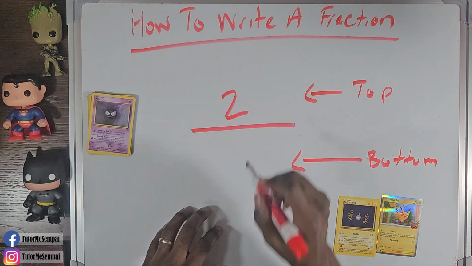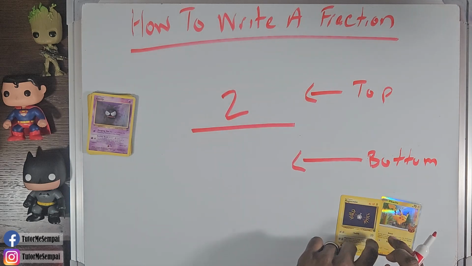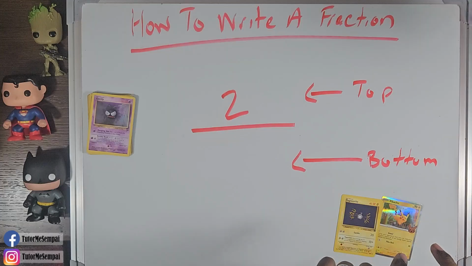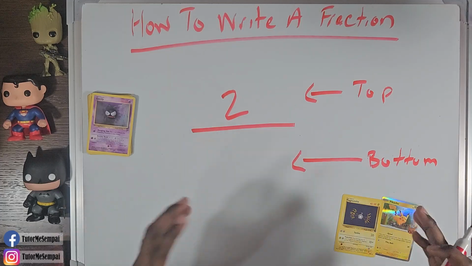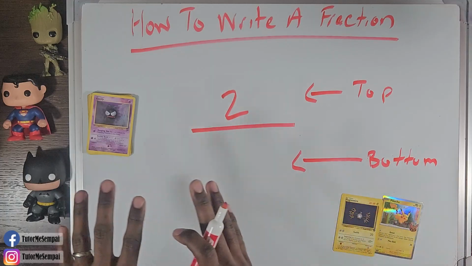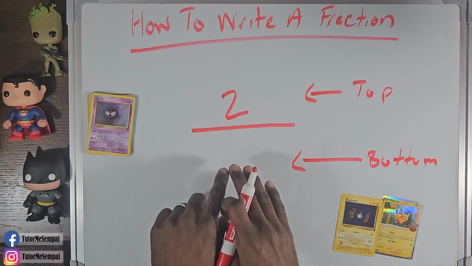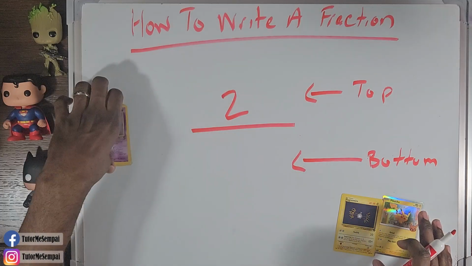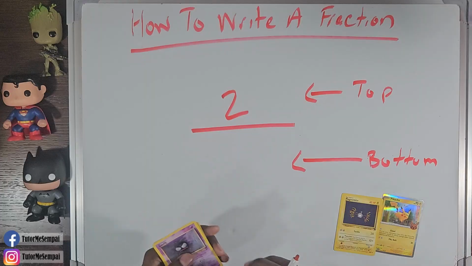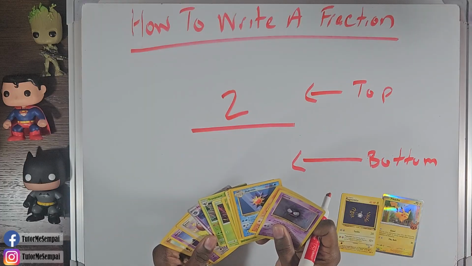So 2. I'm only focusing on 2, our electric Pokemon. So what goes in the bottom? Well, remember, this is a fraction of the entire group. Your entire group is what goes in the bottom. So you need to count up, including what you're focusing on, how many Pokemon cards we have here.